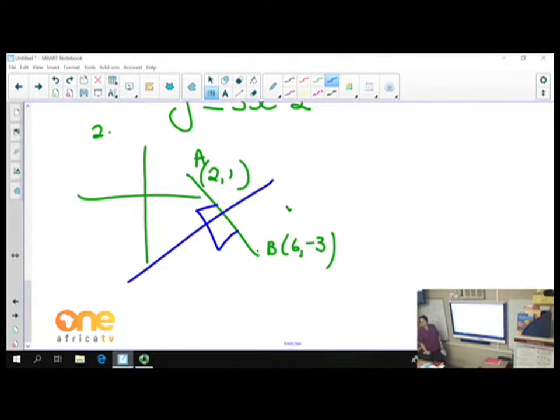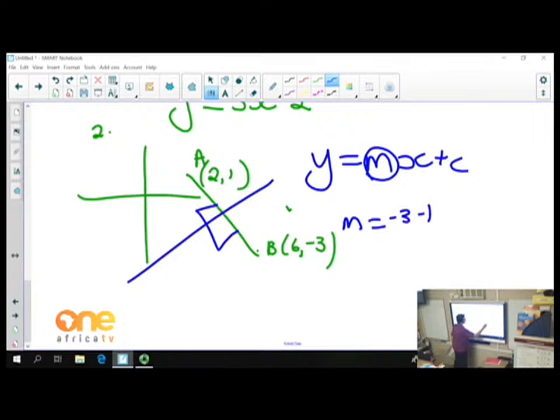So what do I need? I still want y is equal to mx plus c, so I need the gradient and the y-intercept. So I'm going to find m first. What is m here? -3 minus 1 over 6 minus 2.